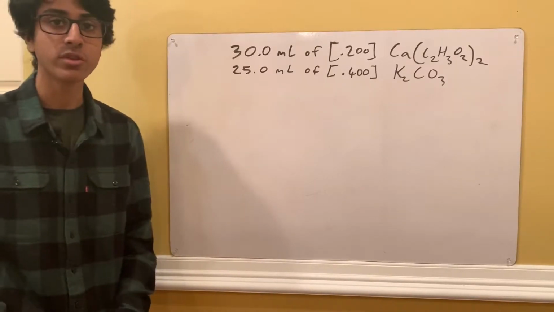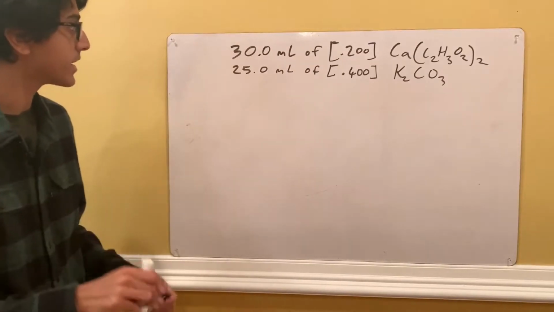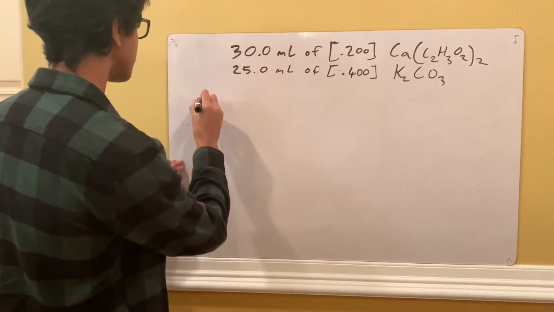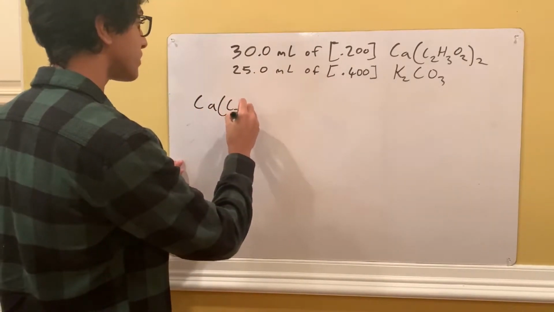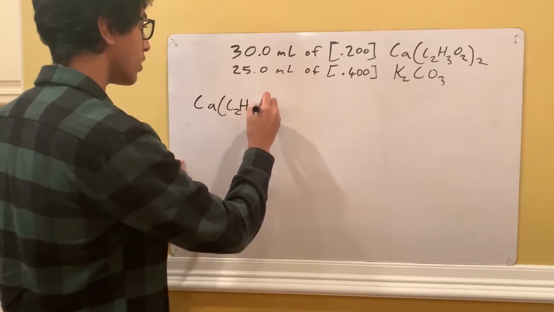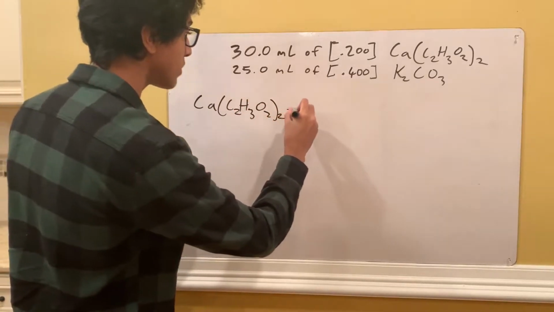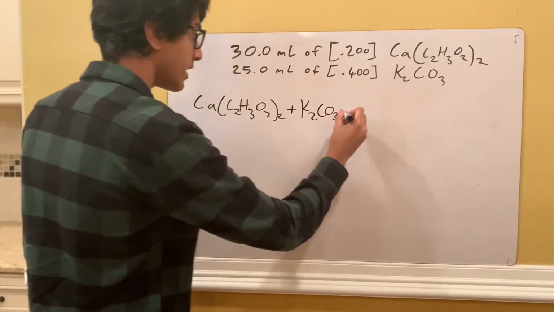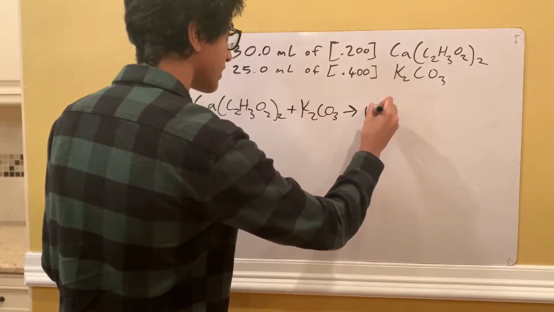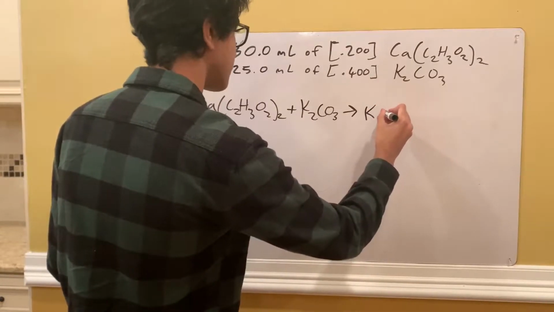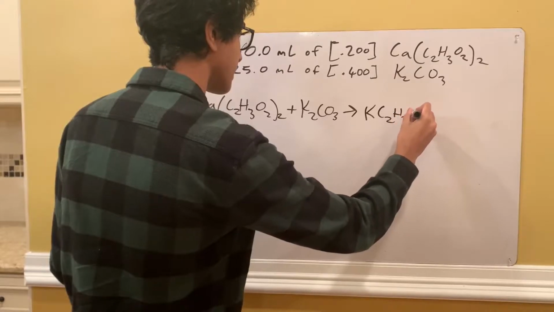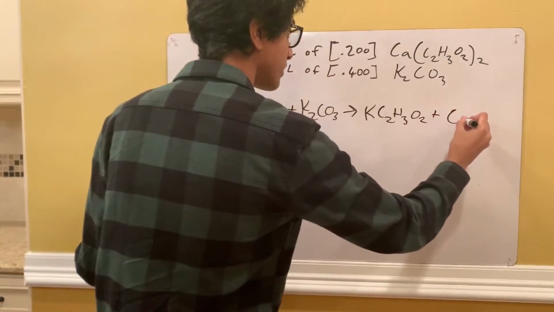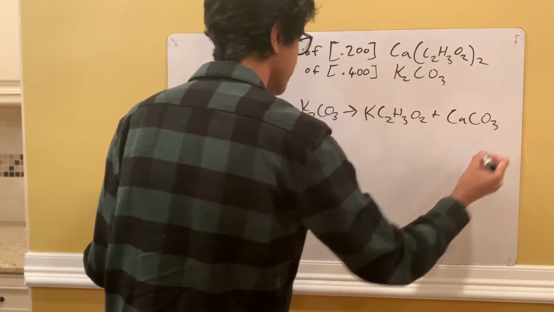The first thing that we do to set this up is to make an equation. So we have Ca(C2H3O2)2 plus K2CO3, and that goes to KC2H3O2 plus CaCO3.